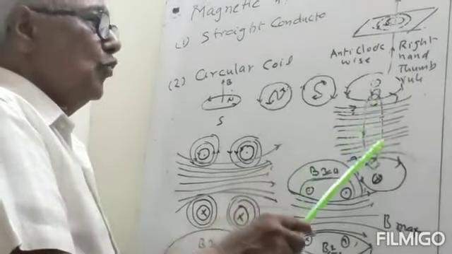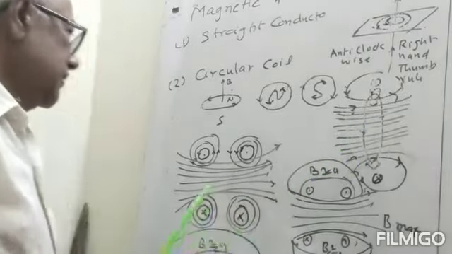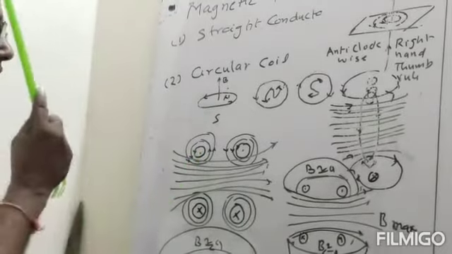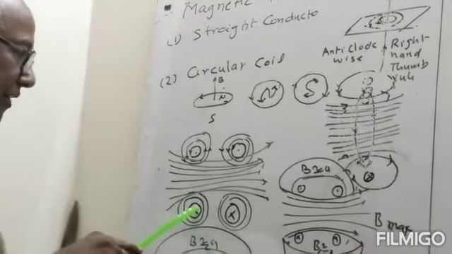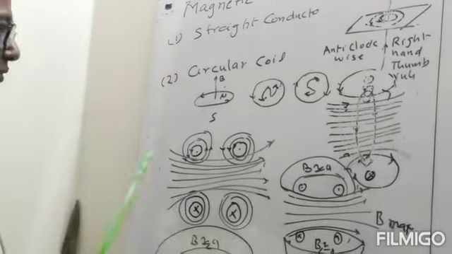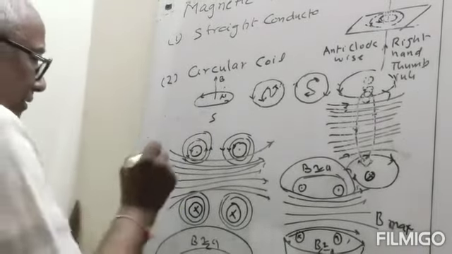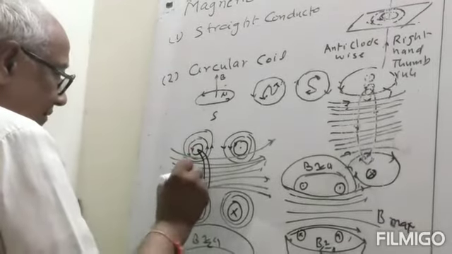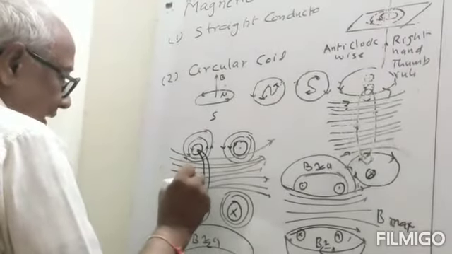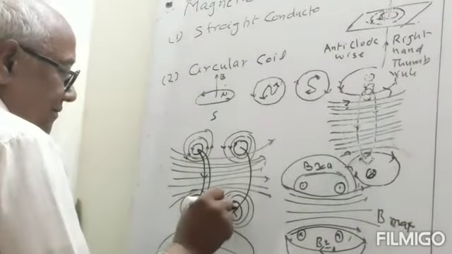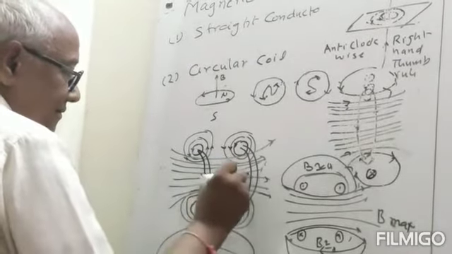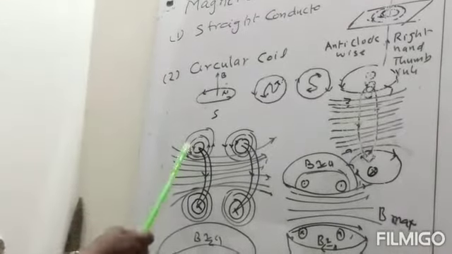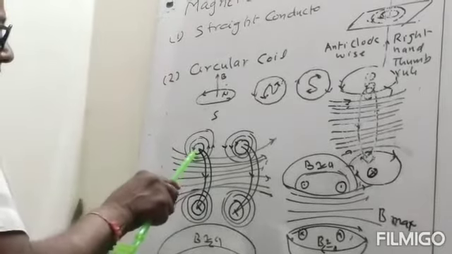Now we have two coils, one by one. This is one coil, where the current is coming outside and going downward. If we connect it, we can have it like this, and the current passes like this here. Here it is coming outward, so it will be anti-clockwise.